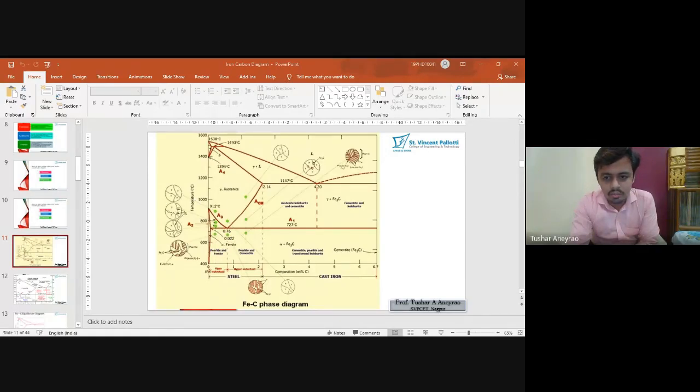Can you see Microsoft Paint on your screen? I think it is not sharing right now. So let us share the complete screen. Okay, I feel now it is okay.